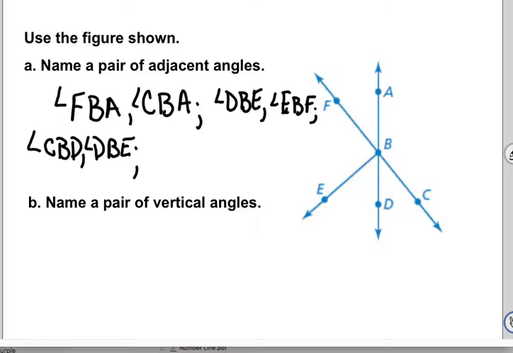They have to have that common side. Cadence. Angle FBE and angle FBA. She says FBE, and which other one? FBA. Those two would share. Okay? So I've got angle FBE and angle FBA. Good.